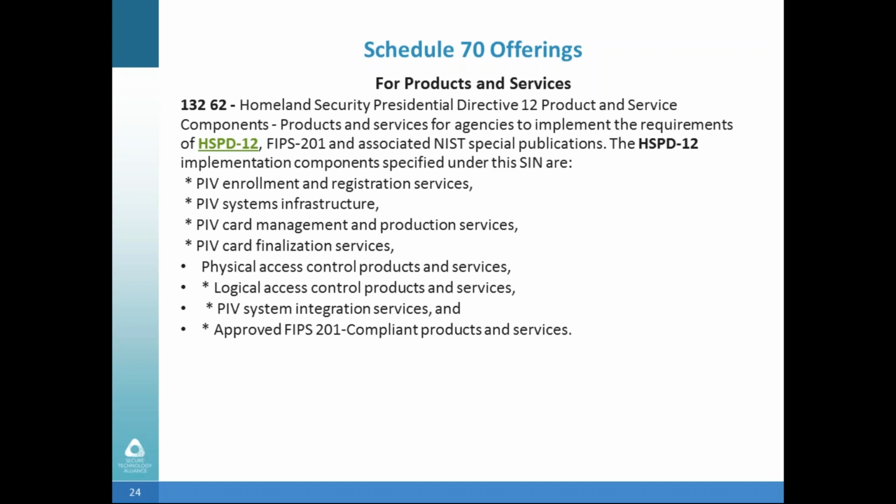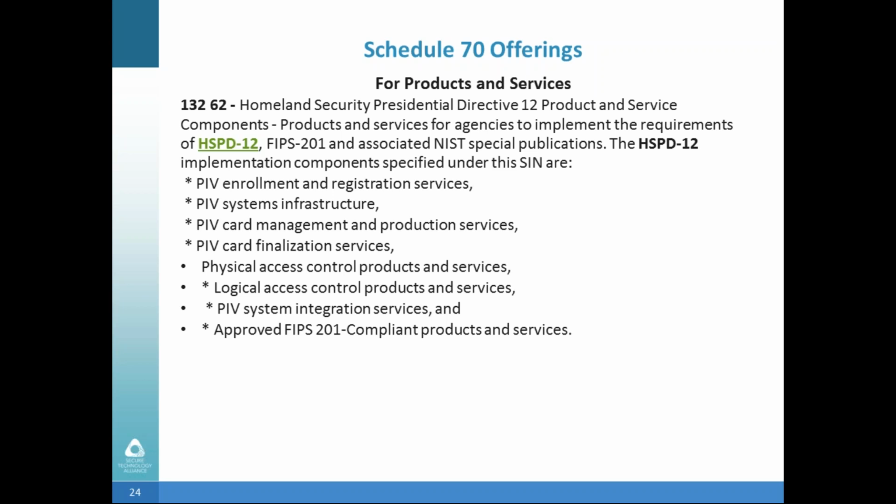As for our offerings, we primarily do the products and services under special item number 132-62, and that's tied to Homeland Security Presidential Directive 12. Most of the products that we do are the IT systems for the actual electronic PACS hardware. Generally, that is under Kevin's side of the shop, the Schedule 84 side, which Kevin just spoke to.